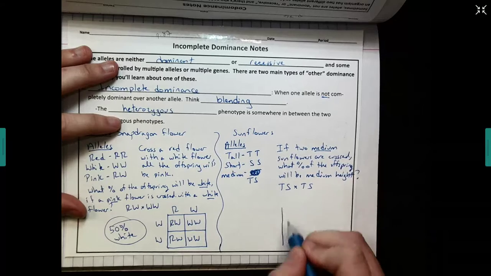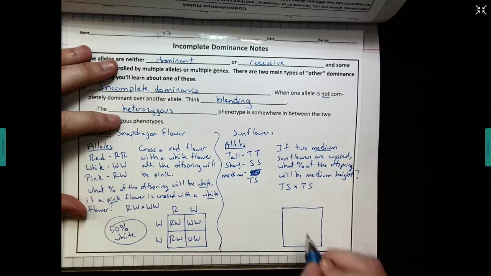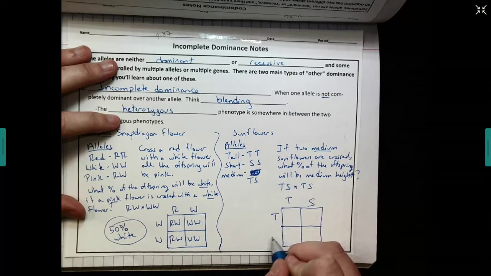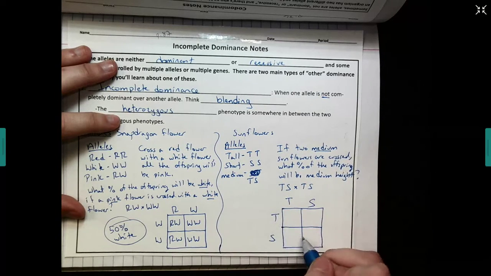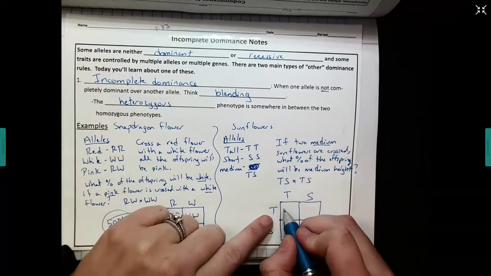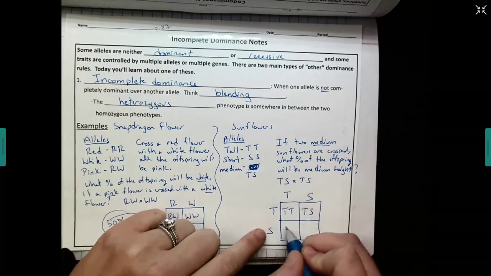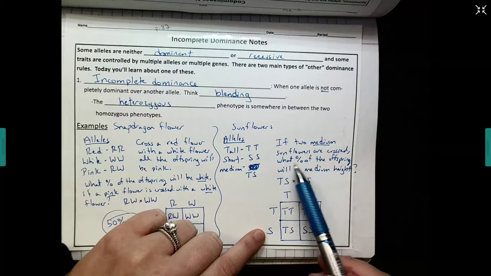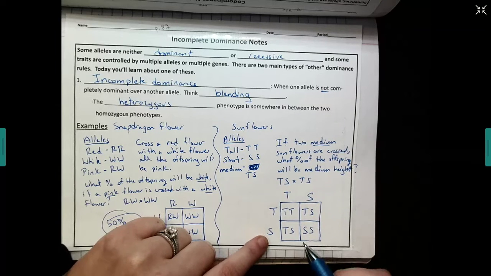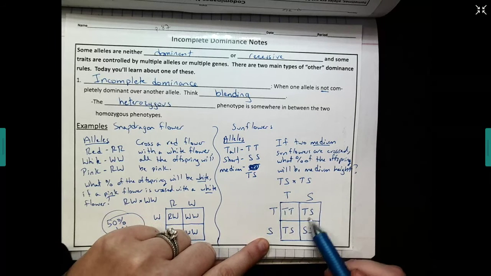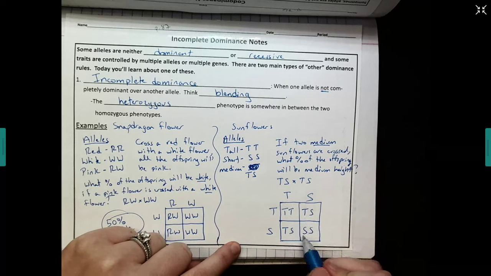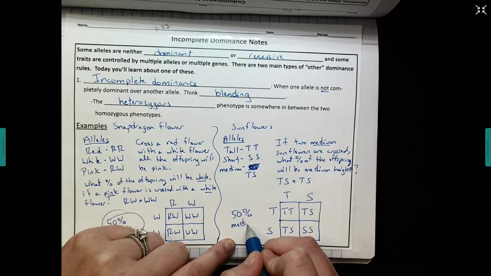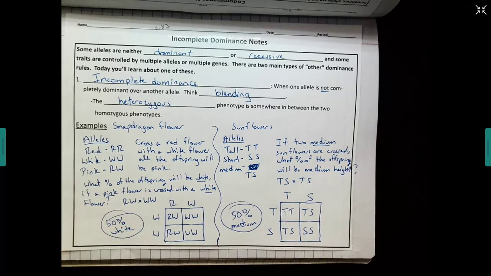I can now draw my Punnett square, and then place my parent alleles. Now I can distribute those alleles to see what my offspring will be: TS, TT, SS, TS. So they want to know what percent of the offspring will be medium? Well, in order to be medium, you have to be heterozygous, and I only see 2 out of 4 of these boxes. So again, 50% would be medium height.